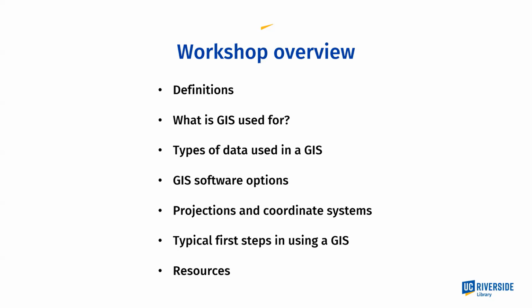This is kind of a technical area, but if you don't know anything about it at all, it can really trip you up. And we don't want that. So I just want to give you some background about these things. Toward the end, we'll look at some typical first steps in using GIS, and also a new slide about AI and GIS as well will be in that section. And then finally, we'll end with just a slide with some resources for you to learn more.